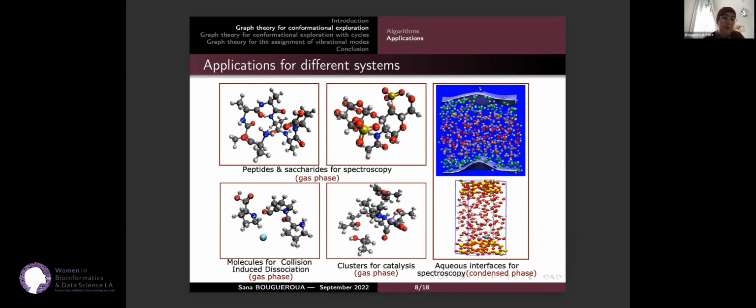I will not show it now because of time, but you can go to the papers and see the different results. Now we are working with a group in the Netherlands where we adapt our algorithm by adding an organometallic interaction to try to identify an important event for catalysis. We have a paper that has just been submitted on that.